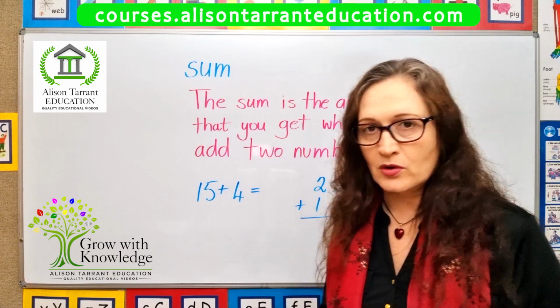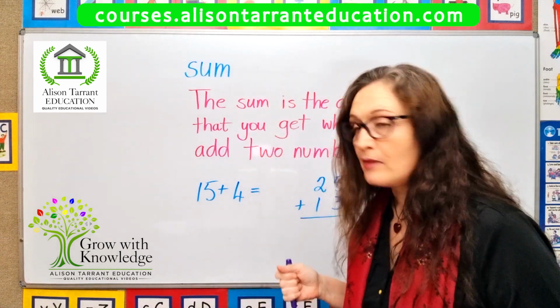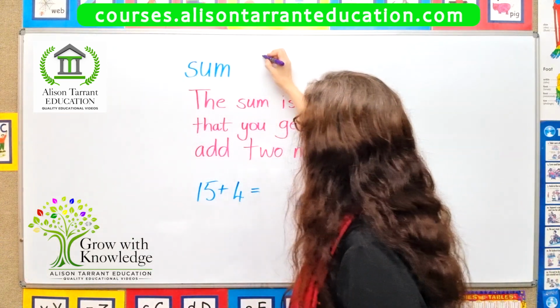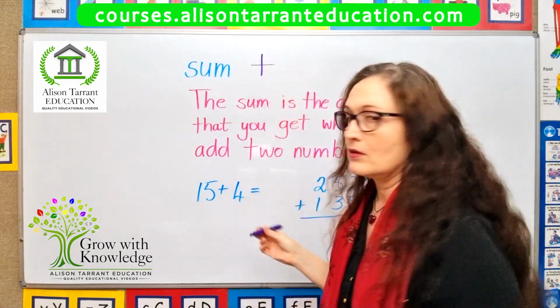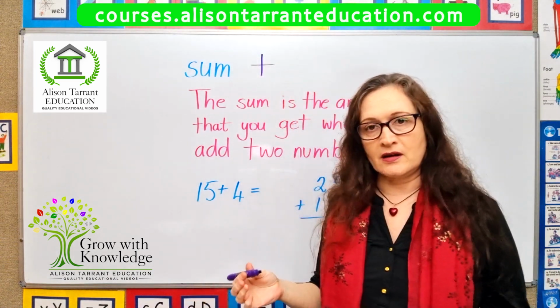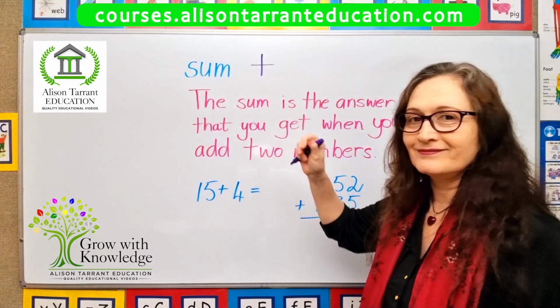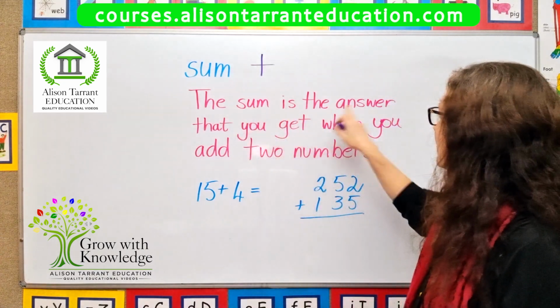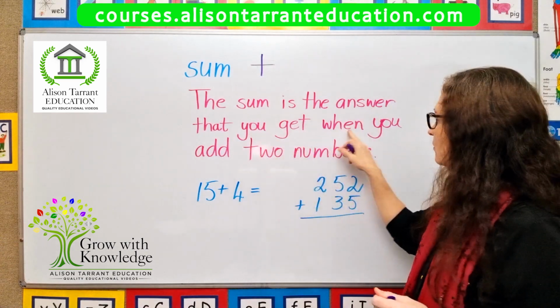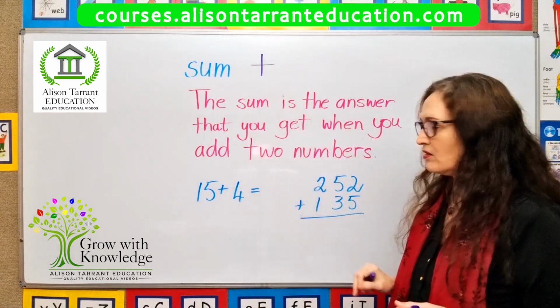Now let's have a look at the word sum. What sum actually means is plus or addition when you're adding numbers. So the meaning goes like this. The sum is the answer that you get when you add two numbers.